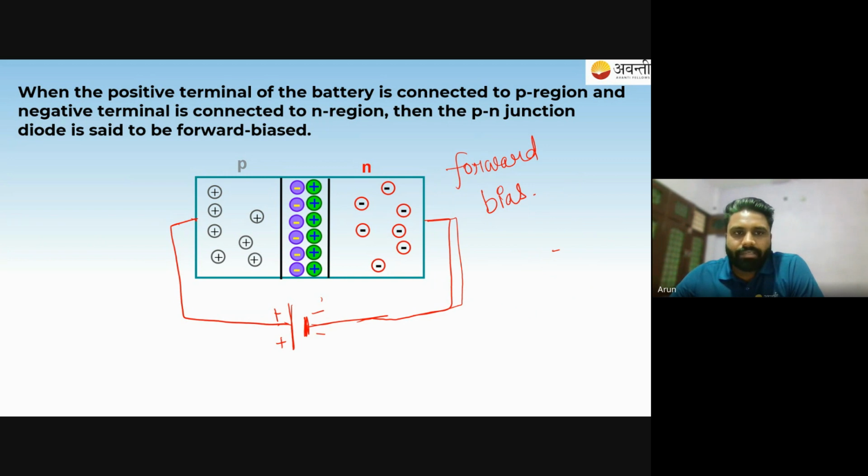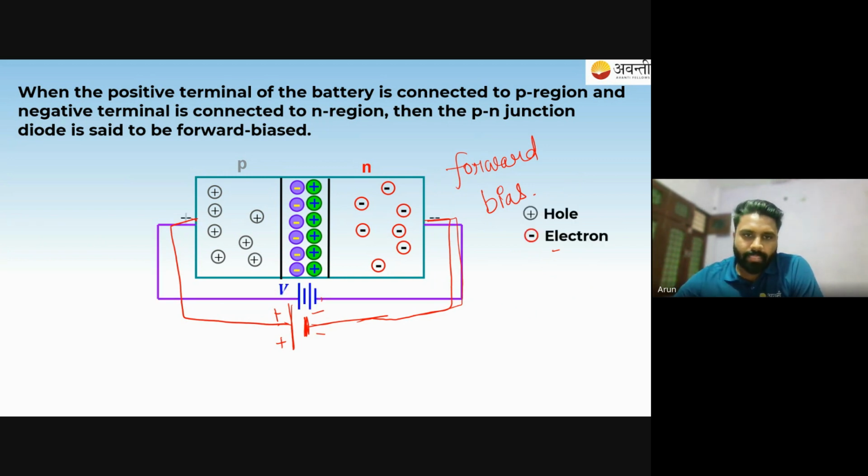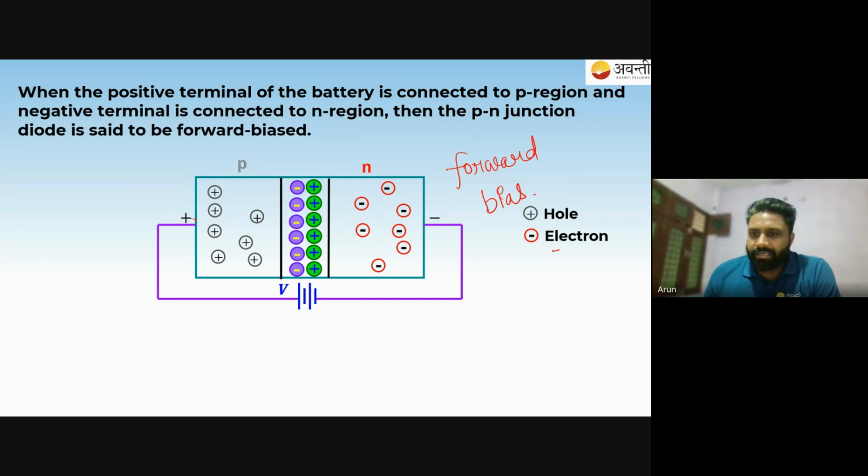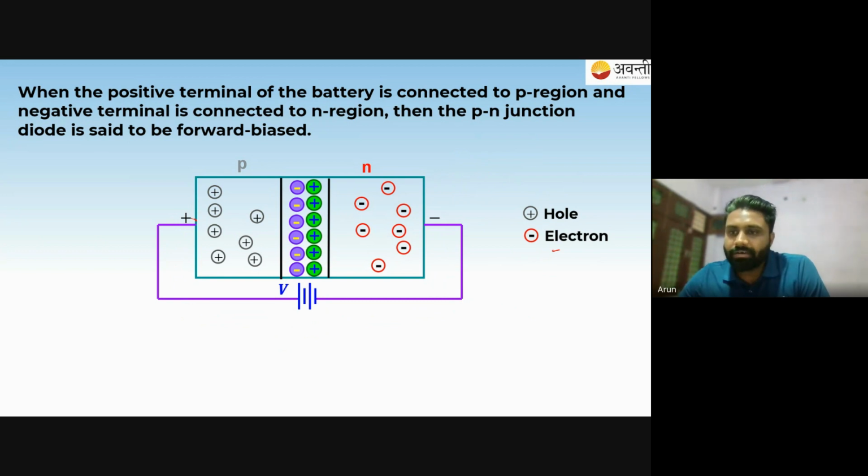The positive terminal of the battery is connected to the positive side, and the negative terminal of the battery is connected to the negative side. This condition is termed as forward biasing.